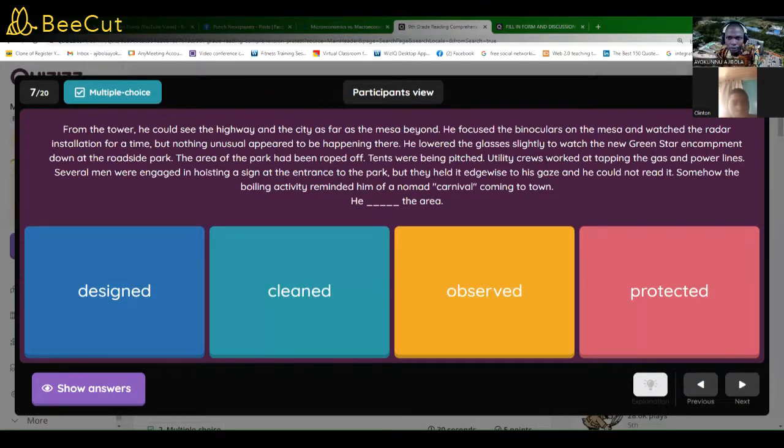Tents were being pitched. Utility crews worked at tapping the gas and power lines. Several men were engaged in hoisting a sign at the entrance to the park, but they held it edgewise to his gaze and he could not read it. Somehow, the boiling activity reminded him of a nomad carnival coming to town. He dash the area.